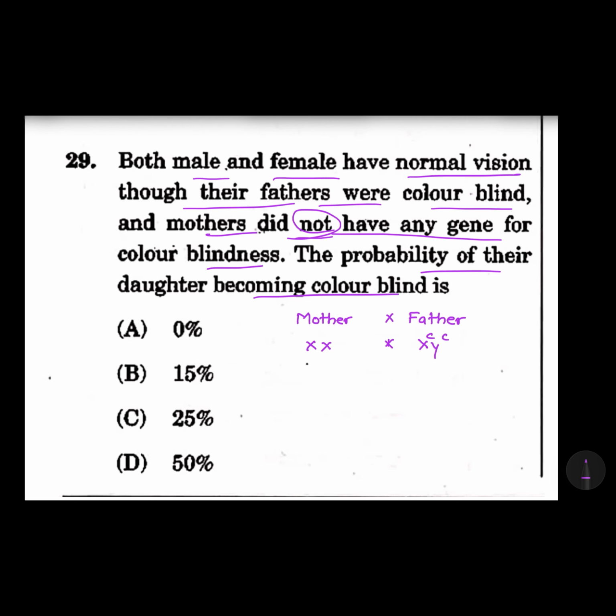So here father is having colorblindness. The mother will give normal X, whereas the father will give the colorblind gene.